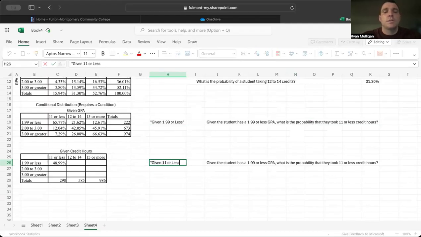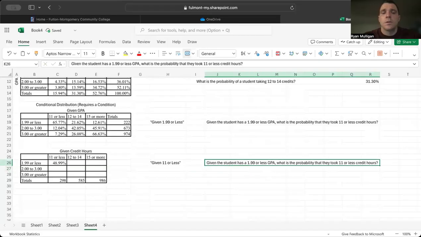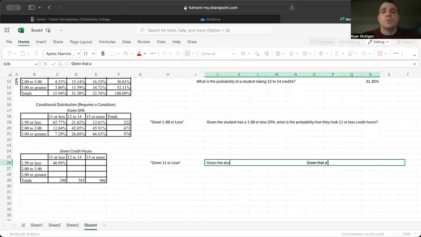So now we are given 11 or less credit hours, and we're going to change the question to be, given that a student has 11 or less credit hours, what is the probability that they receive less than a 2.0 GPA?